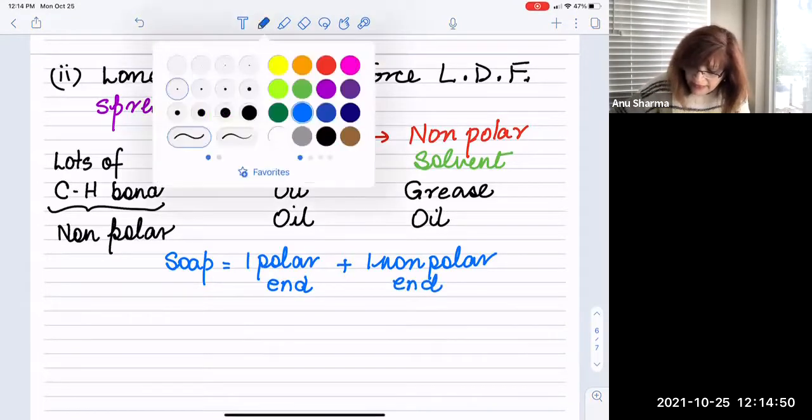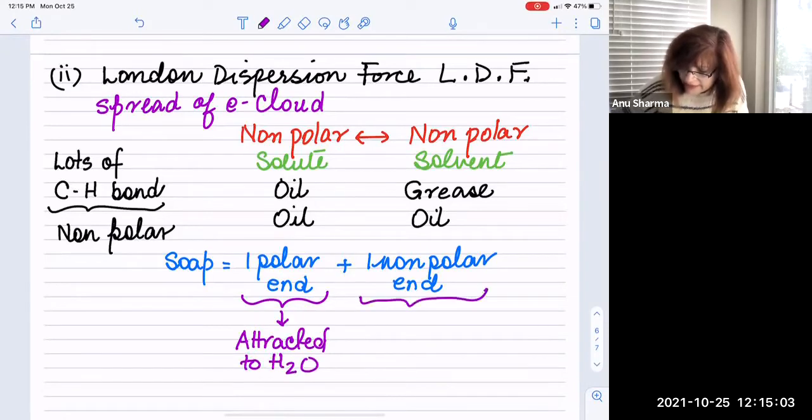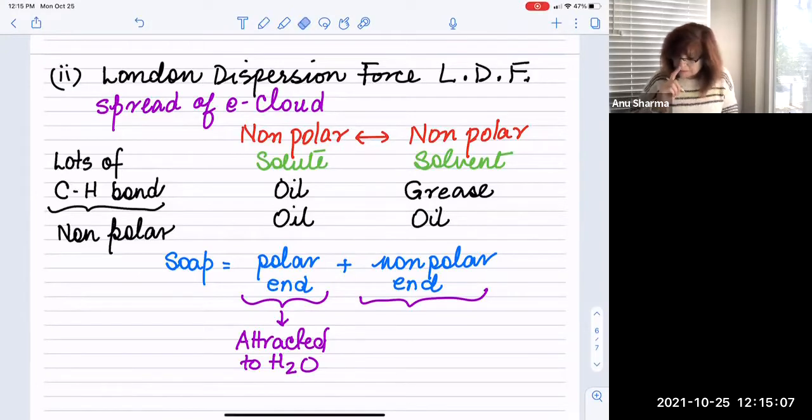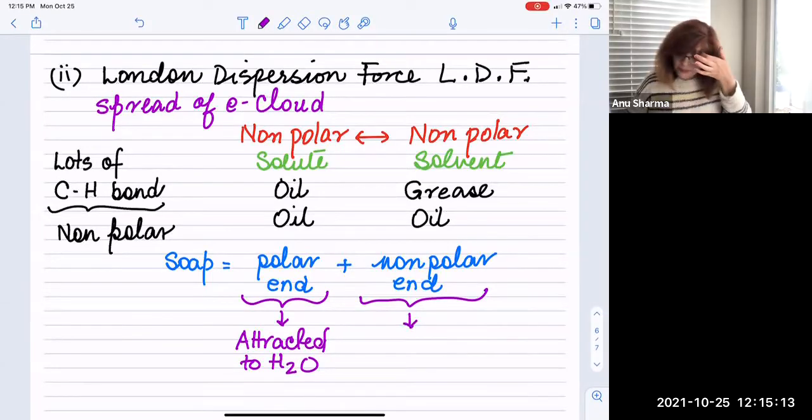The polar end mixes with polar, gets attracted to water. And the non-polar end is attracted to the non-polar, like oils.